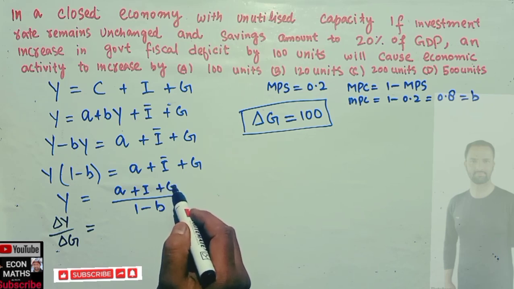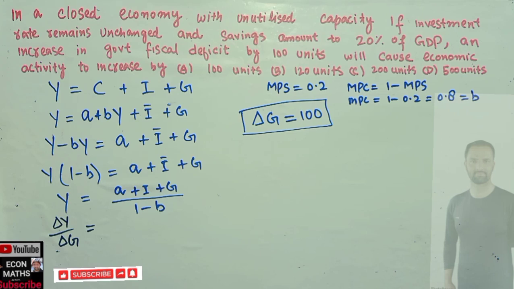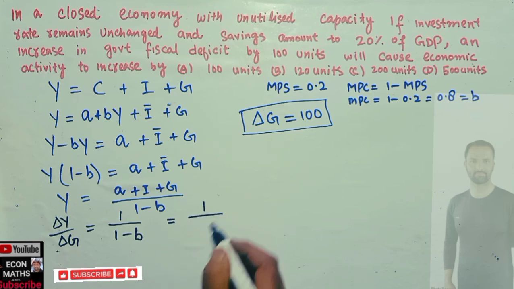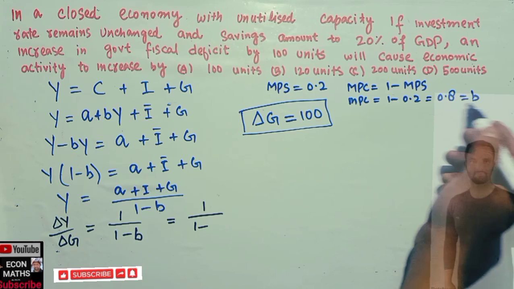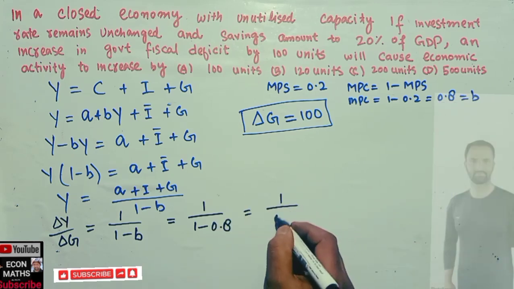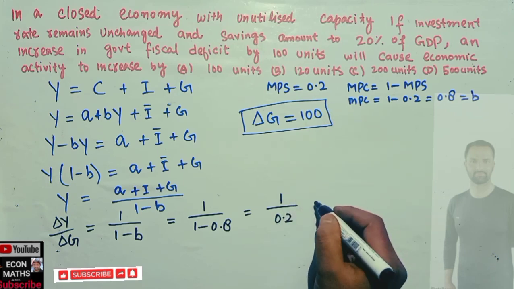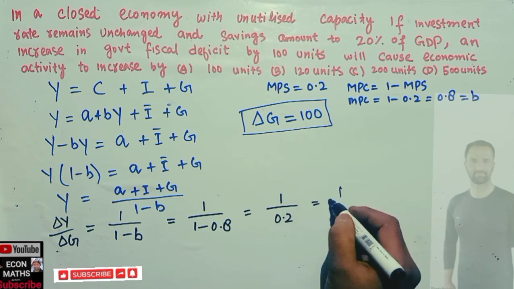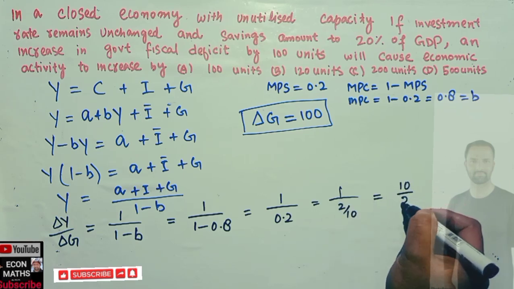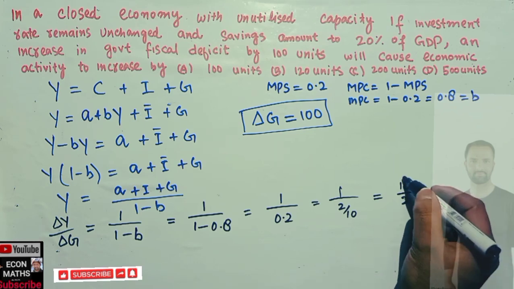So the derivative of g is equal to 1, and we are left with 1 upon (1 minus b), which is 1 upon 0.2, which was our savings rate. So this is 1 upon 2 upon 10, and if we reciprocate it, it becomes 10 upon 2. So this is our multiplier.